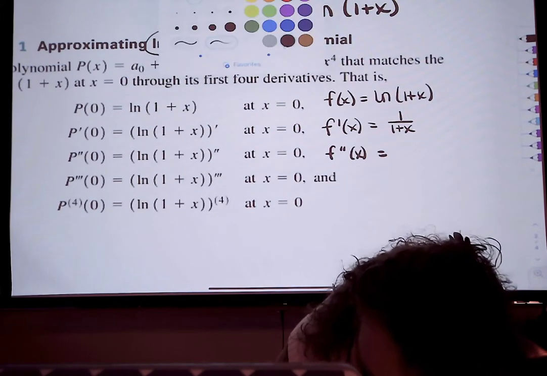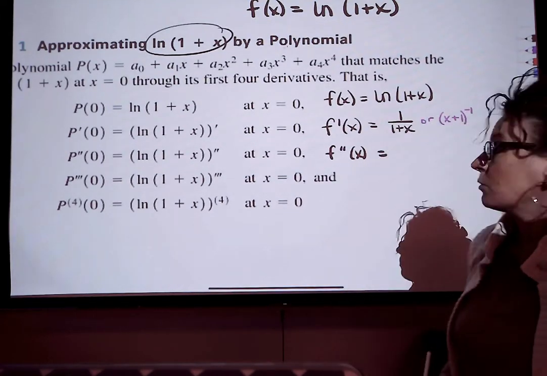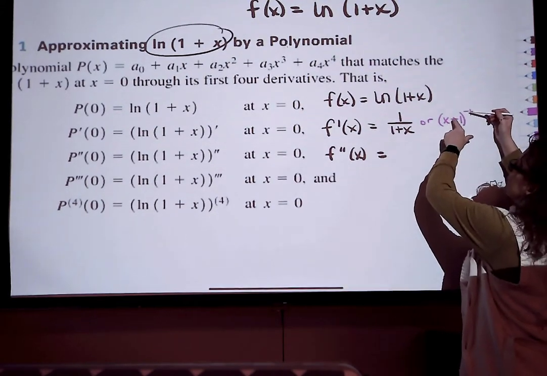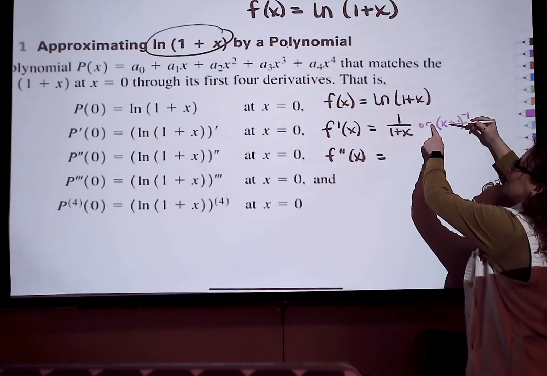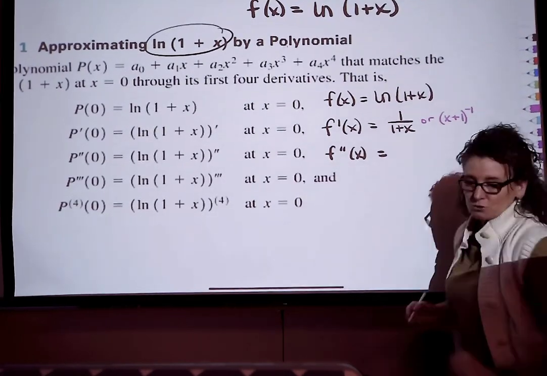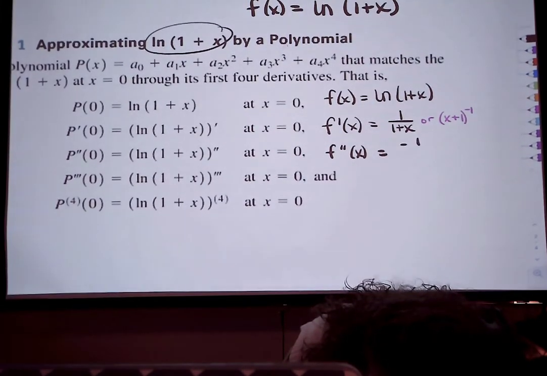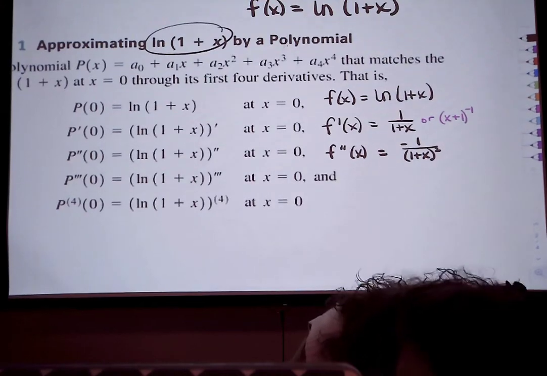Keep in mind that this is just x plus 1 to the negative 1 power. So I'm going to power rule it. I'm going to bring negative 1 to the front, to the negative 2 times the derivative of the messy, which is just 1. So my second derivative looks like negative 1 over 1 plus x quantity squared.